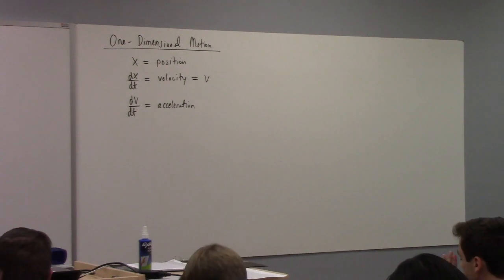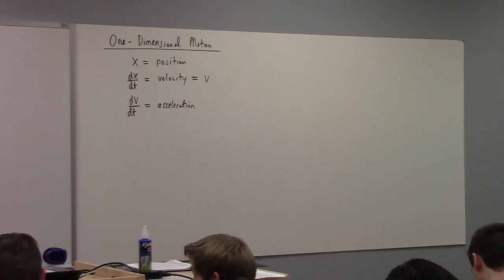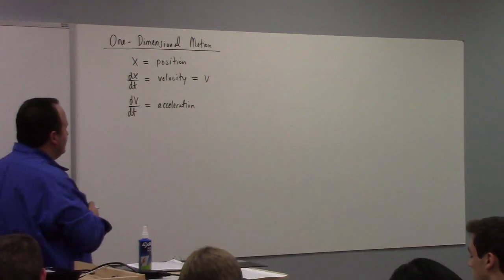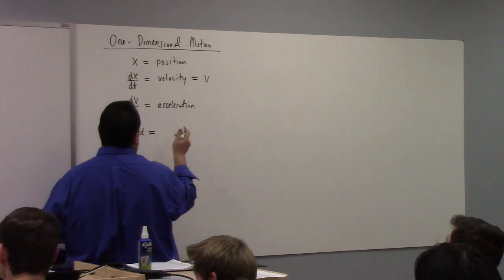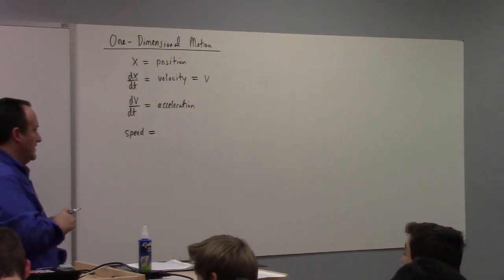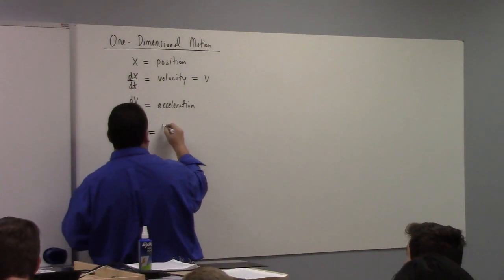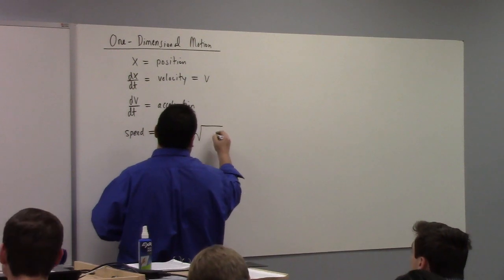And in the one-dimensional context, we have other things that come into play, right? So what would speed be here in one dimension? Just velocity? It's not just velocity. It is the magnitude of the velocity, which, by the way, is the square root of v squared.